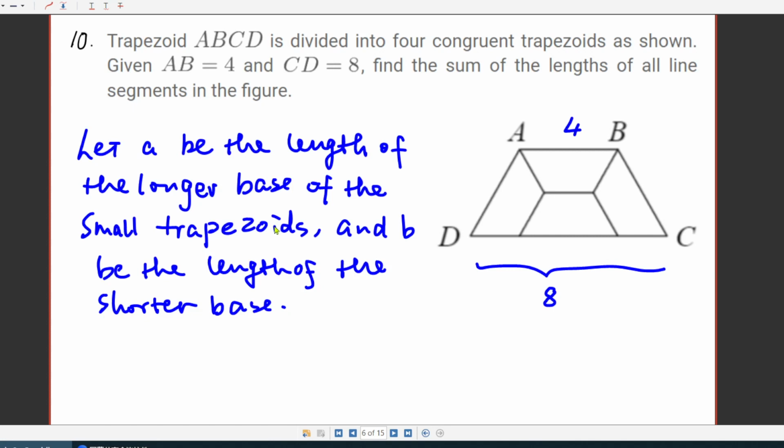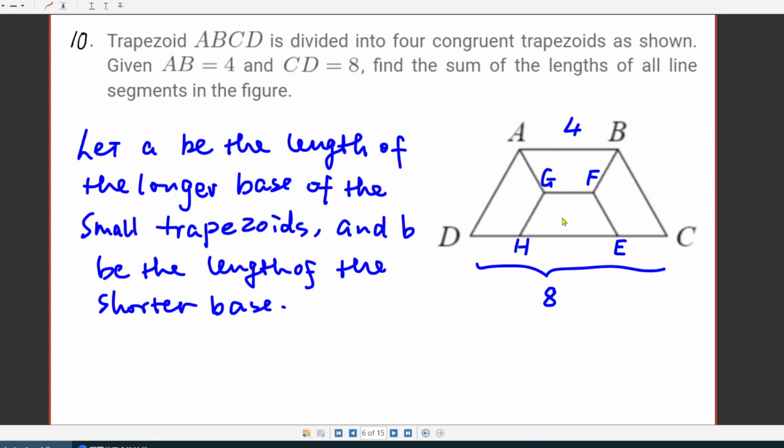Since EF is a leg of EFGH, so let's call this point G, this point is F, and this point is E, and this point is H. EF is a leg of EFGH and is also a shorter base of EFBC, right?